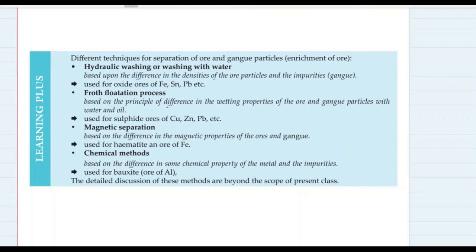Gangue particles go down. Used for sulfide ores of copper, zinc, lead, etc. Magnetic separation is based on difference in the magnetic properties of ore and gangue, used for hematite ore of iron. Chemical methods, the fourth method, are based on the difference in some chemical properties of metals and the impurities, used for aluminium.